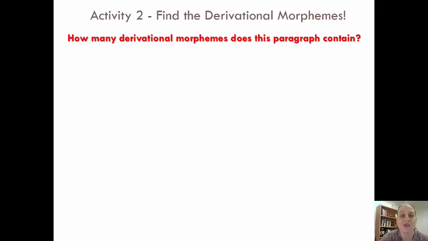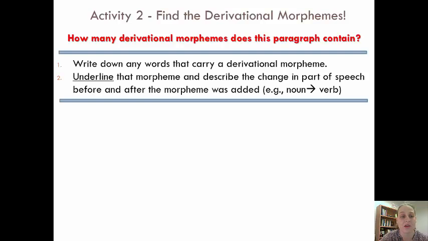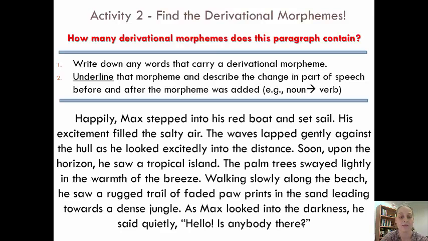So what I would like you to do is identify how many derivational morphemes are in this paragraph. The first thing I want you to do is write down any words that you see that carry a derivational morpheme, and then underline the morpheme in that word and describe how it changes the part of speech of that word. Okay. Here is the paragraph.